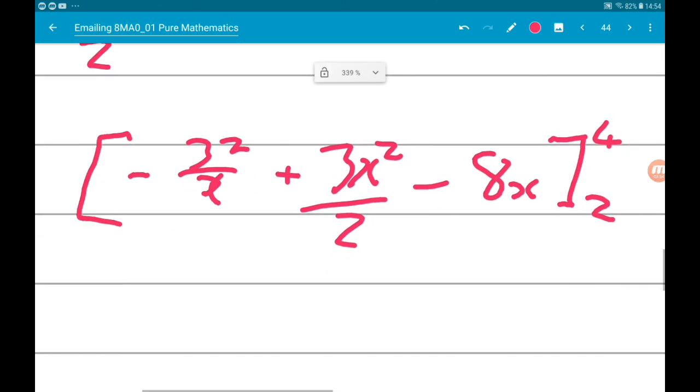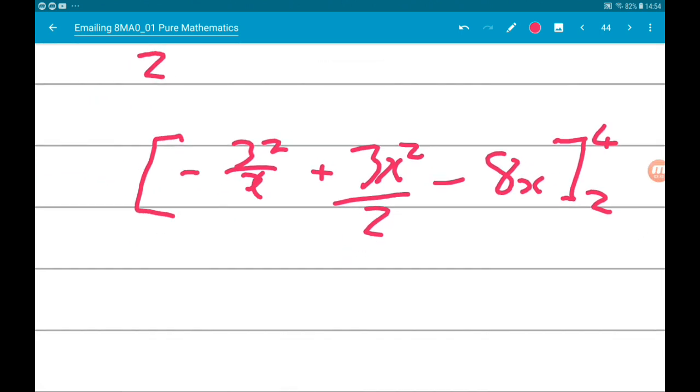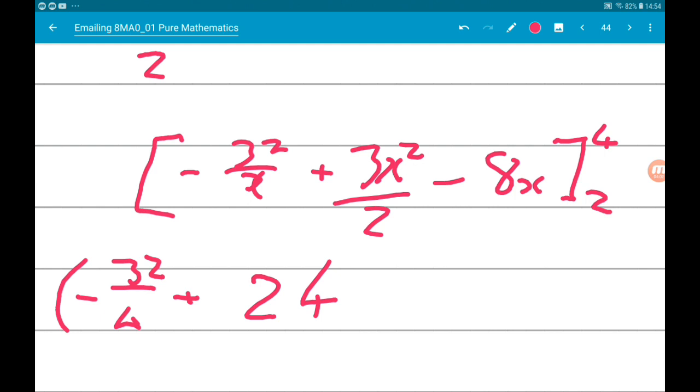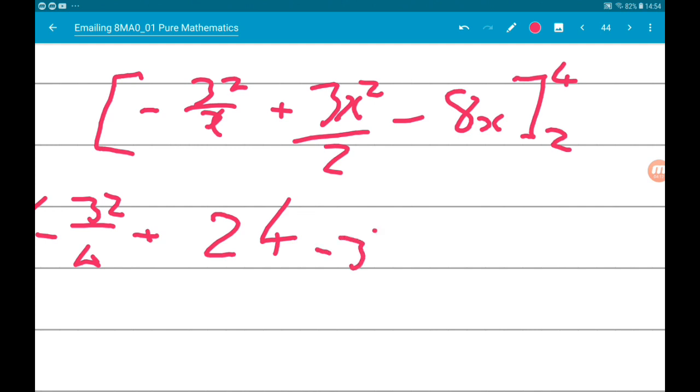When we substitute 4 in, we're going to get minus 32 over 4, add 4 squared is 16, 3 times 16 is 48, 48 divided by 2 is 24, and then minus 8 times 4 is minus 32.